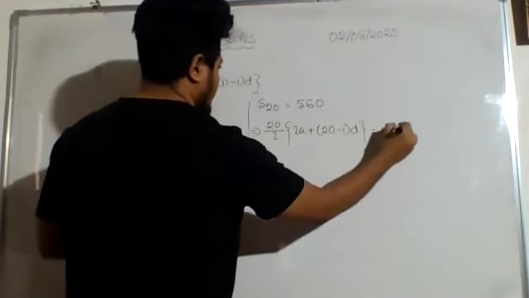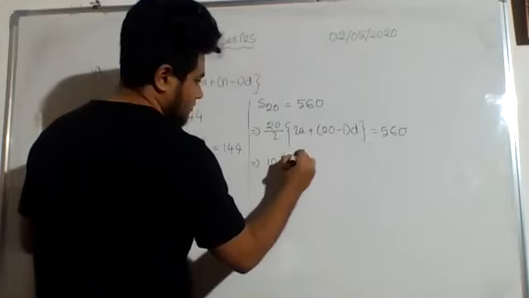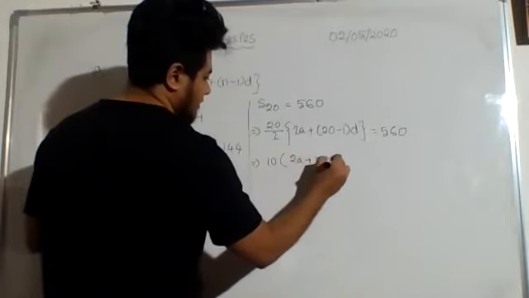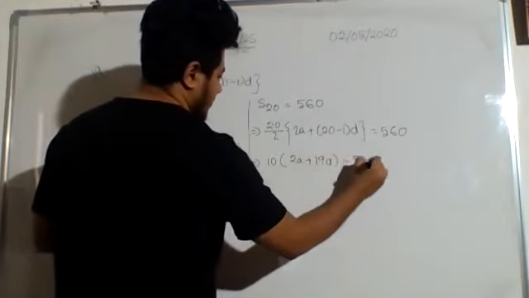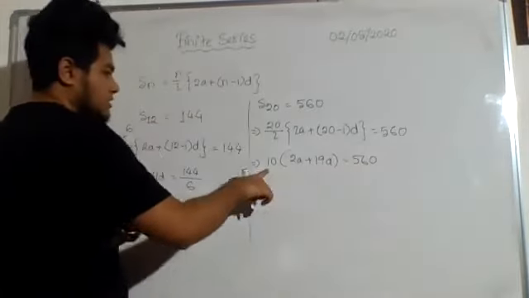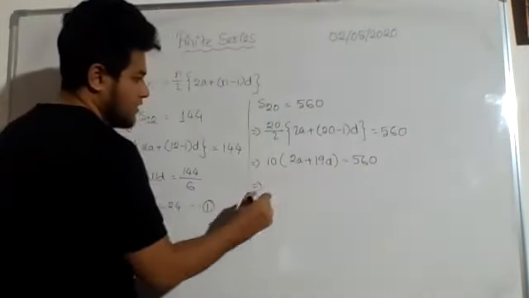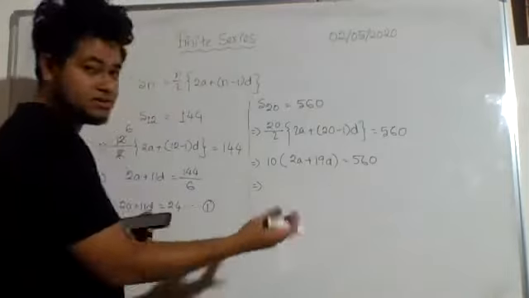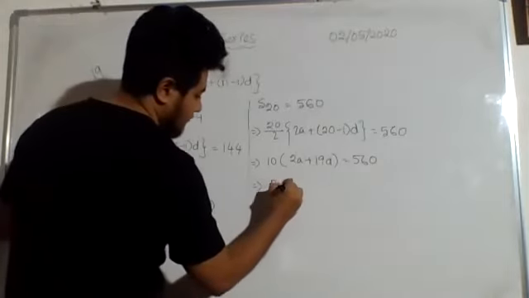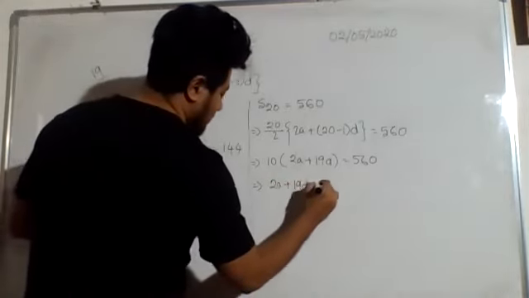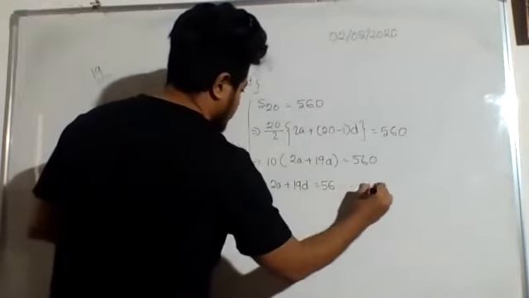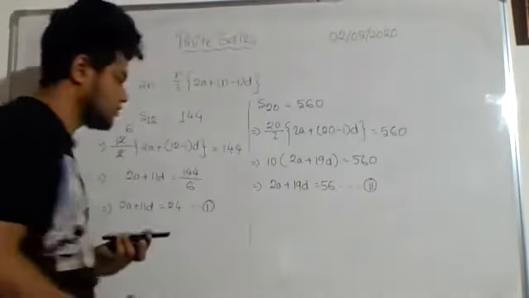Here we have 10 into (2a plus 19d) is equal to 560. If I change the side of 10, it will be divided, and 560 divided by 10, the 0 will get cancelled, and it will become 56 only. So 2a plus 19d is equal to 56. This is equation 2.